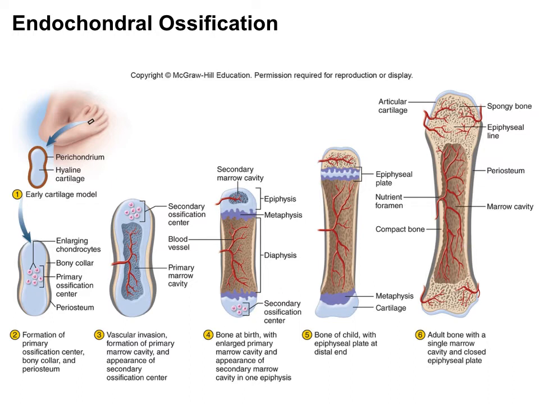Around the outside of the cartilage nugget, you have a membrane called the perichondrium. Very similar to the periosteum, except it surrounds cartilage. In the perichondrium, you have chondrogenic cells, cells that will reproduce, very similar to osteogenic cells.